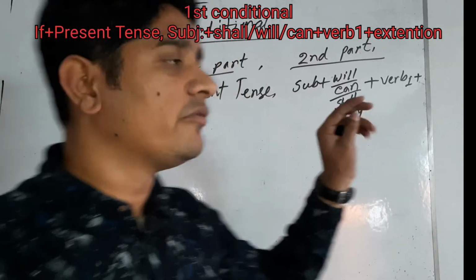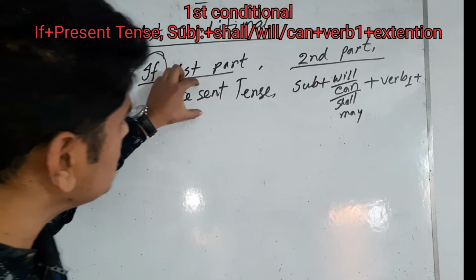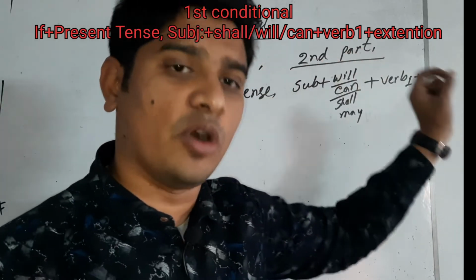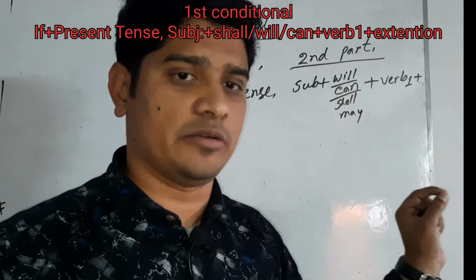So please understand clearly: if there is present tense, there will be subject plus will plus V1, verb 1, the present form of the verb.